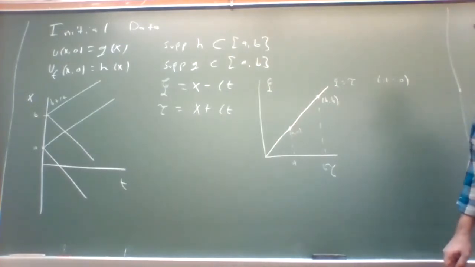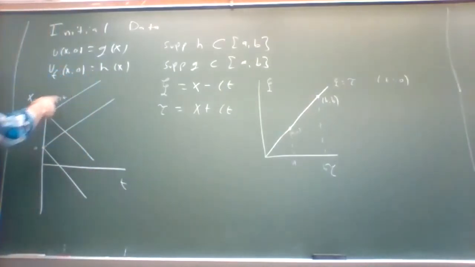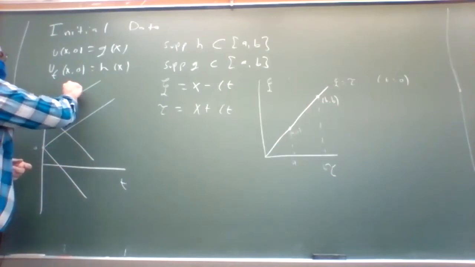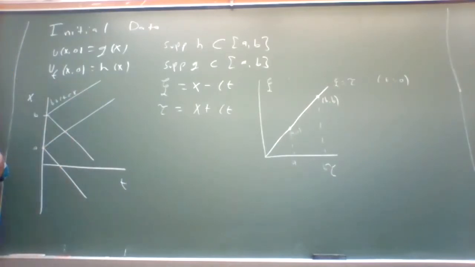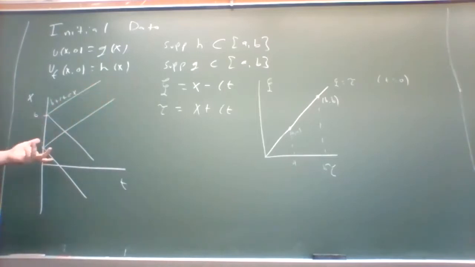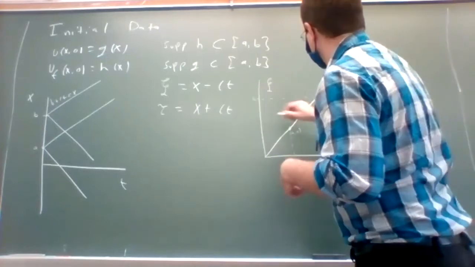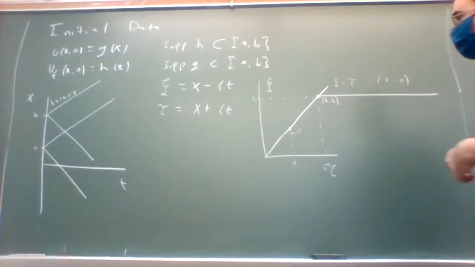Let's finish drawing the diagram. So b plus ct. Well, this is really the line x equals b plus ct, isn't it? And so that's telling you that constant b is equal to x minus ct. So this is the line given by xi equals b. So it's that horizontal line in this plane.